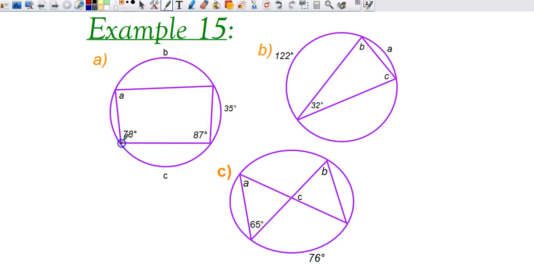In order to get C, you have to think about another arc to put with it, and then you have to think about the opposite angle.